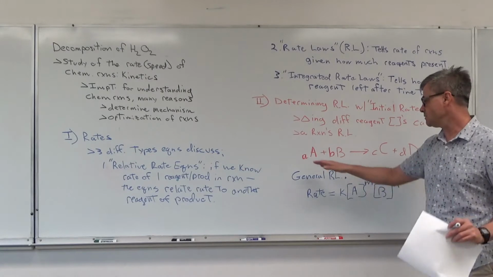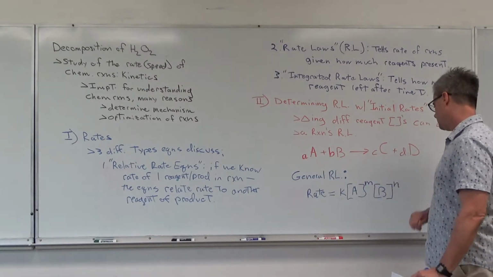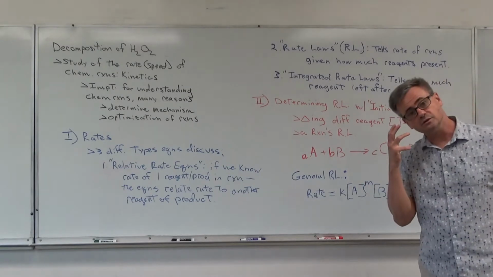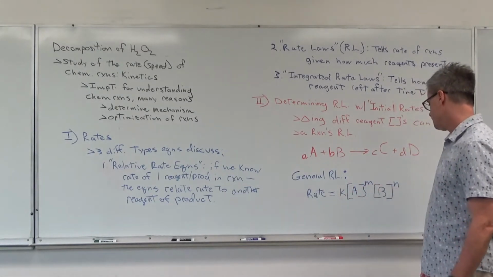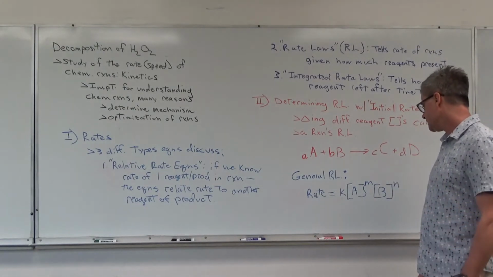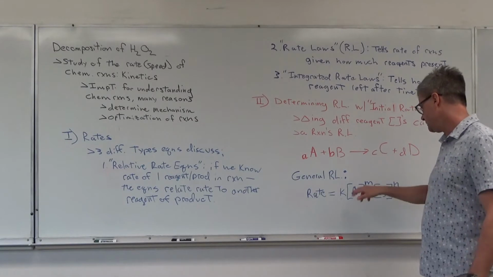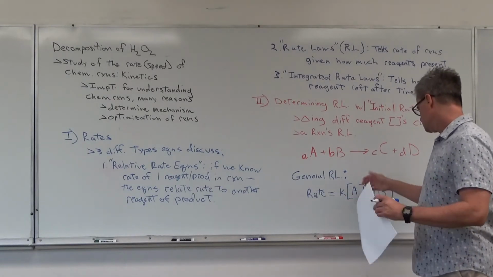They may be, but not necessarily. So we leave them open, and then we have to look at experimental data to figure out m and n. In reality, the whole point of this lab is to figure out m and n, and in fact k.